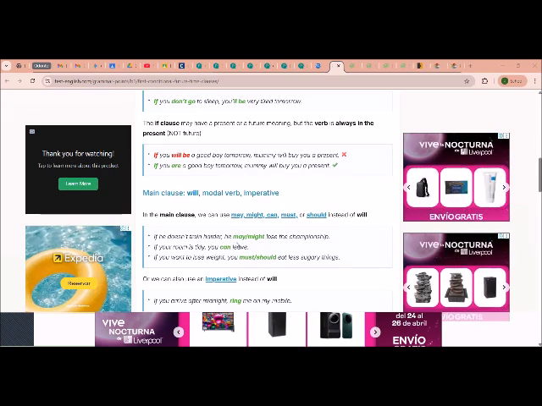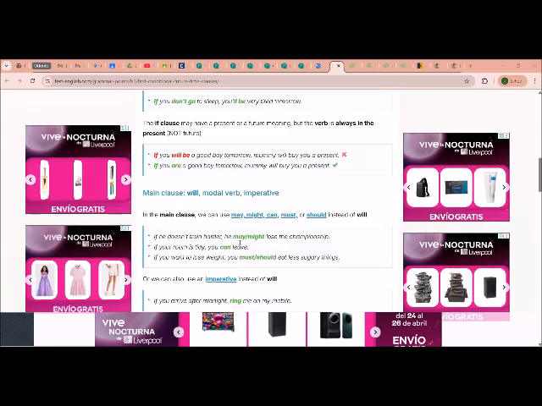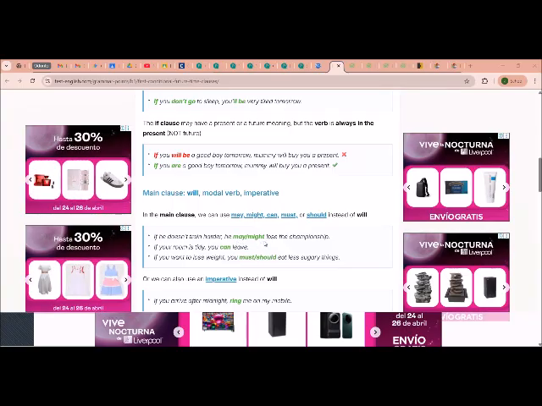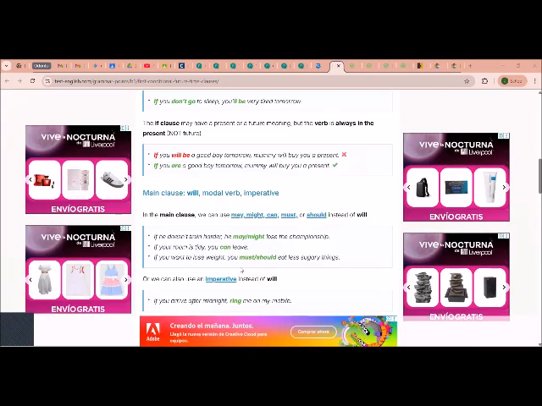We might increase or decrease the probability with may or might. We can talk about our ability with can. We can also talk about our obligations with must, or our suggestions or recommendations with should.